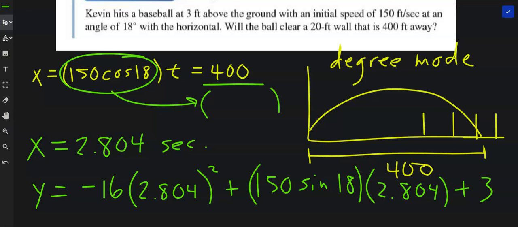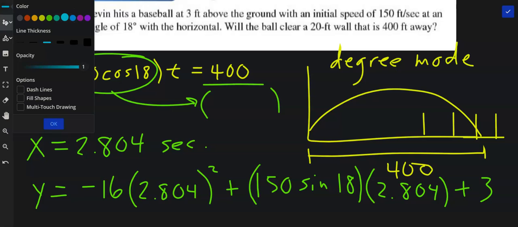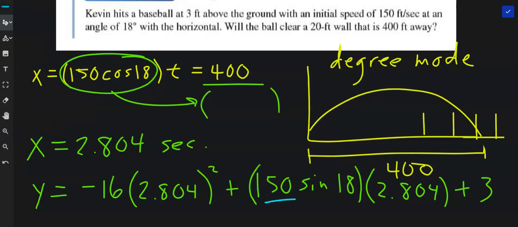I got the original speed at 150 feet per second. Please make sure that you do sine in the y equation and not cosine. That will mess everything up. Cosine goes with the x equation, sine goes with the y equation. I've replaced every one of the t's with 2.804 seconds. And of course, when we hit this ball, it says that it was hit 3 feet off the ground. That's why I have that number at the end.